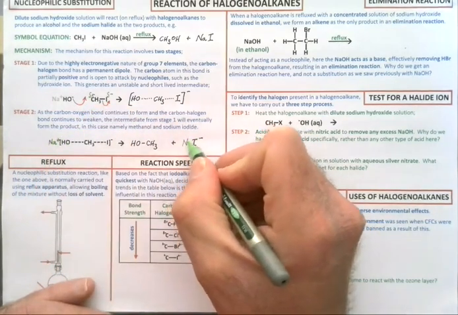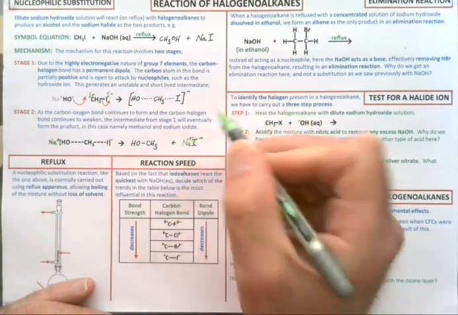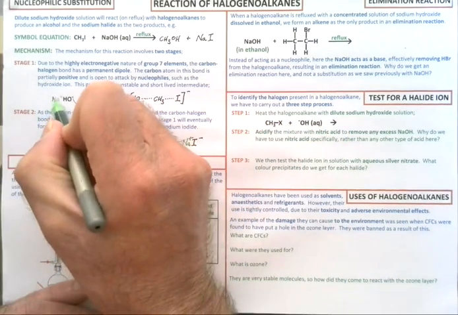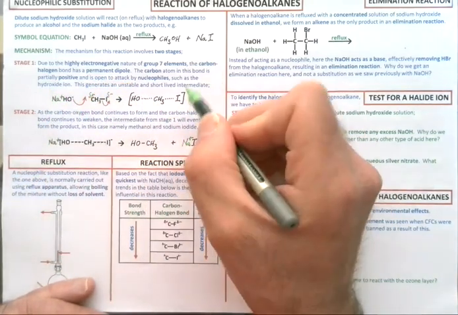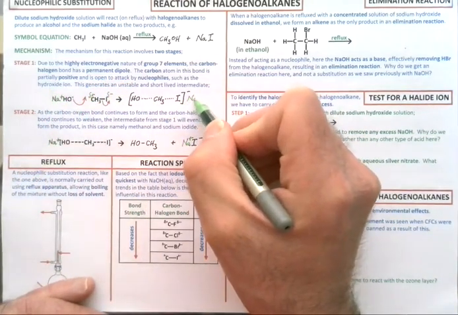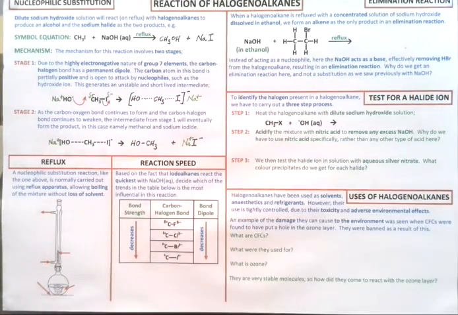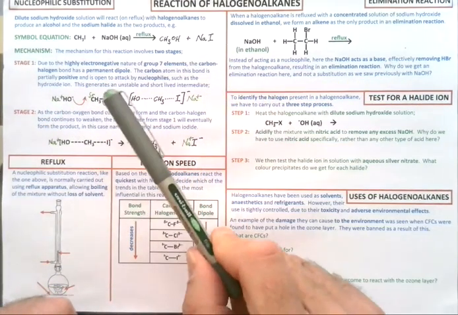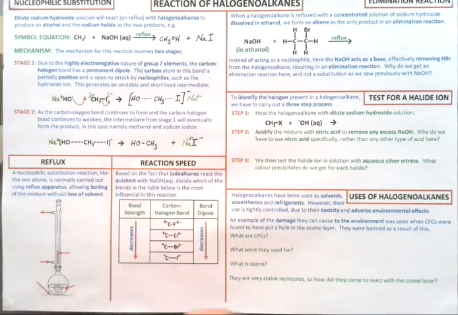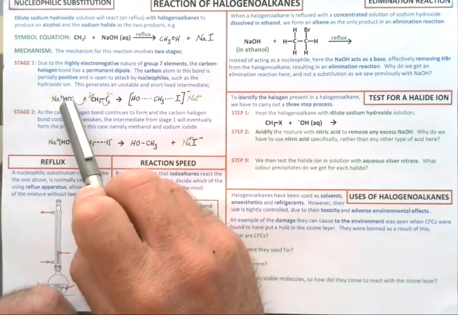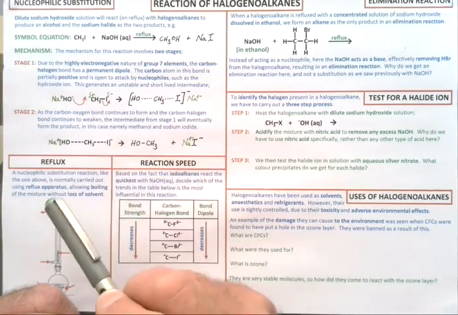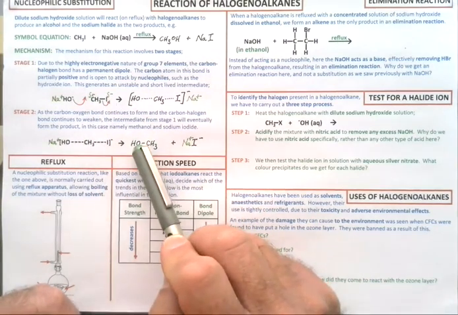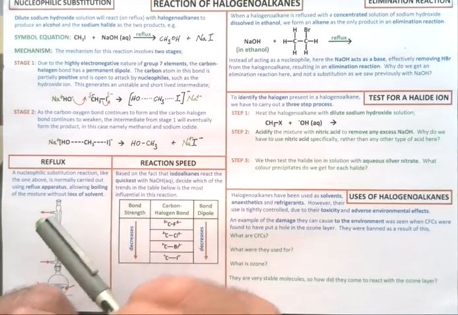Draw that here, still joined together with the I minus, and the Na plus here again, spectator ion, is going to join up with this intermediate here. And so, as I said, this is a nucleophilic substitution, the OH minus being our nucleophile here, and it's substituting itself for that iodine. We end up with the OH where the iodine was in place.